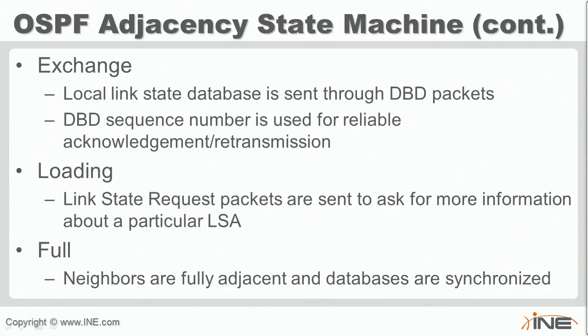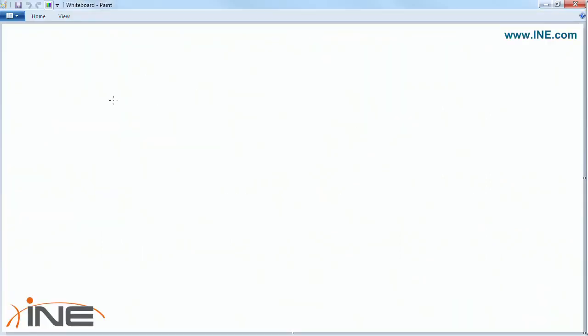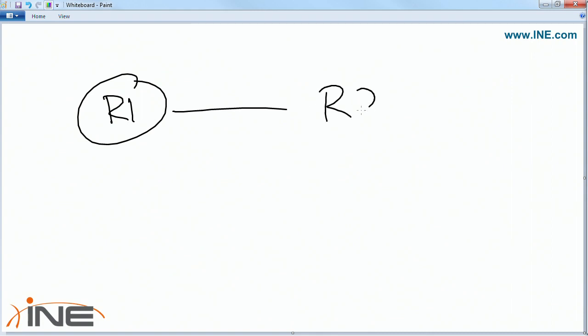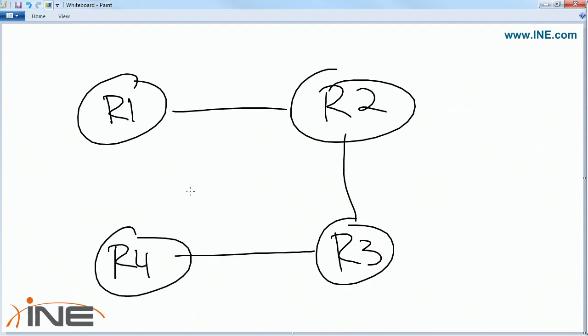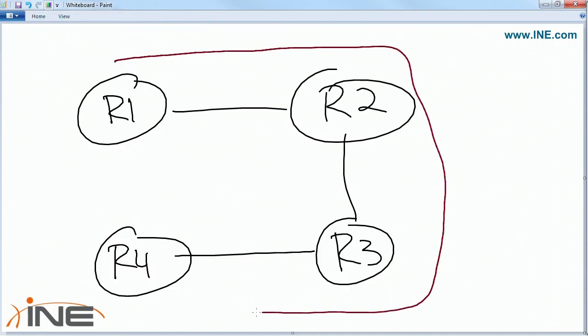So let's say, for example, that the network looks like this, where we have links between router 1, 2, 3, and 4. So the neighbors form the adjacency. They build the map end-to-end of the topology. So right now, all 4 of these routers agree on what the link state database looks like.